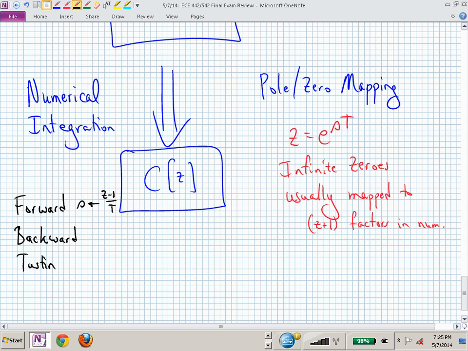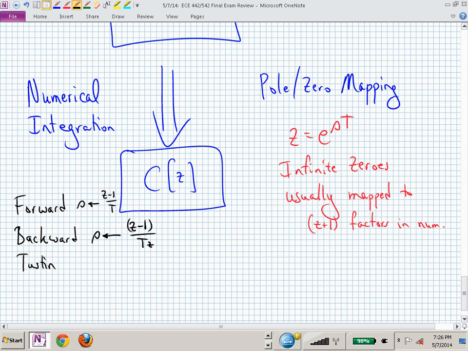In the backward, we were replacing s again with a z minus 1 over T, but now we have a z in the denominator. So these look very similar in terms of these transformations.